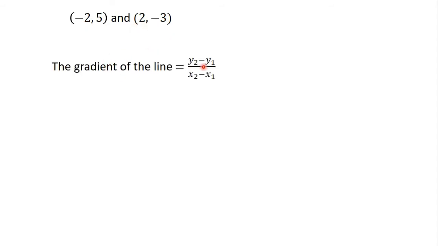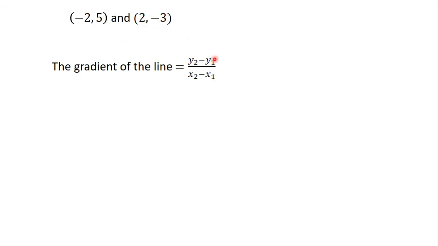The formula we are going to use is y2 minus y1 divided by x2 minus x1. Minus 2, 5 is the first point, so minus 2 will be x1, 5 will be y1. 2, minus 3 is the second point, so 2 will be x2 and minus 3 will be y2.